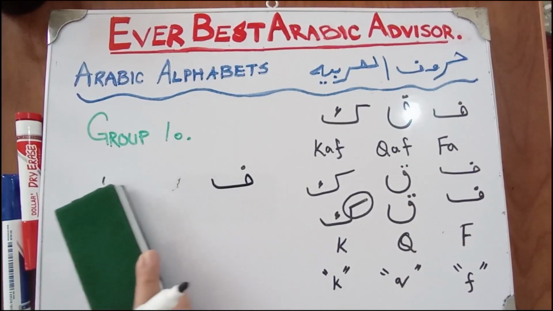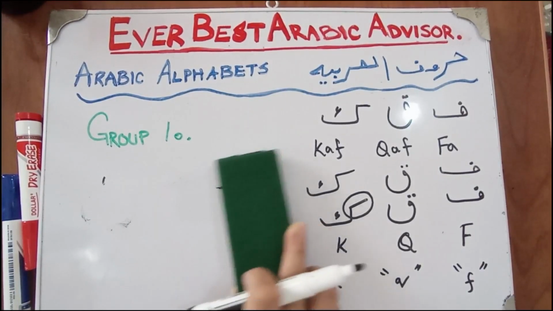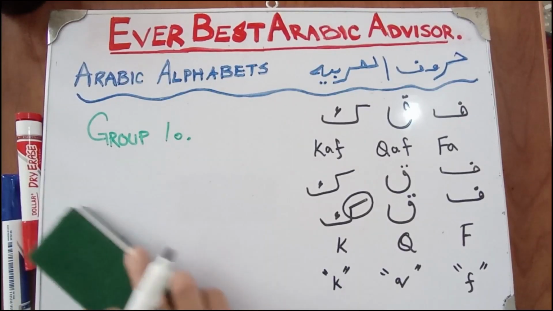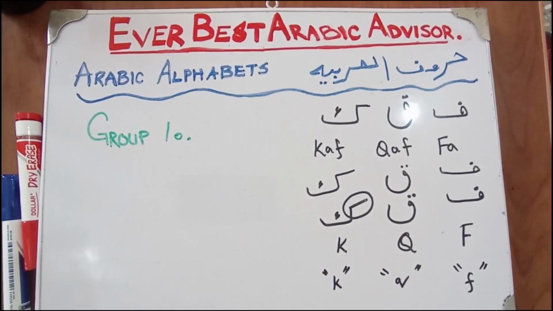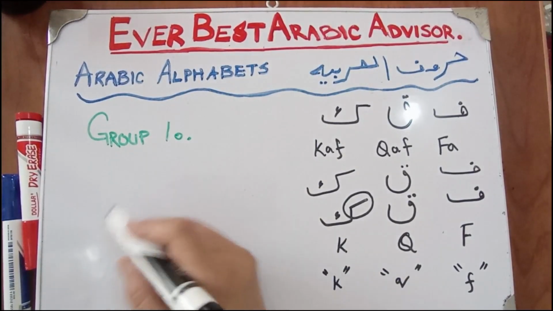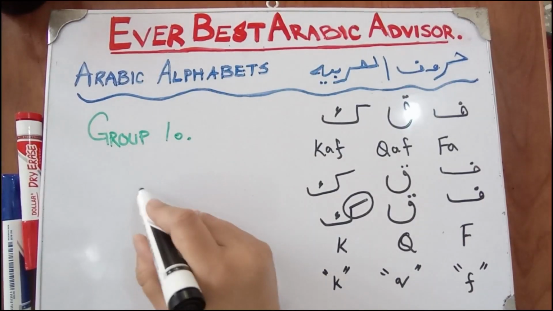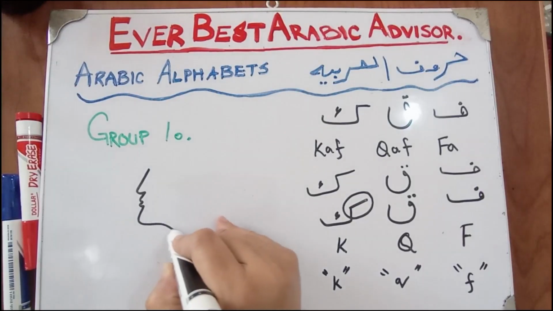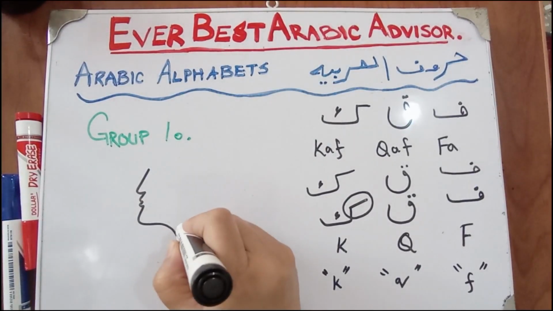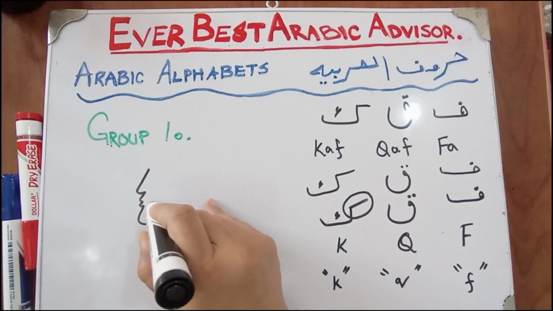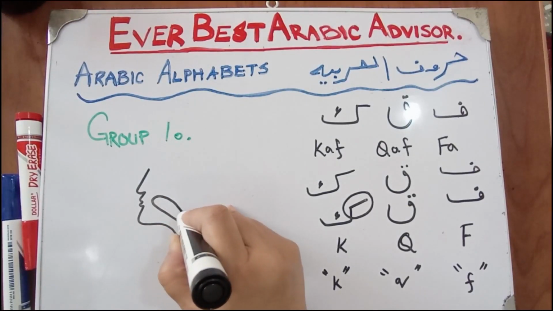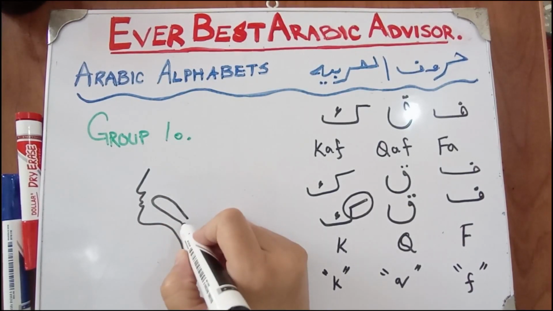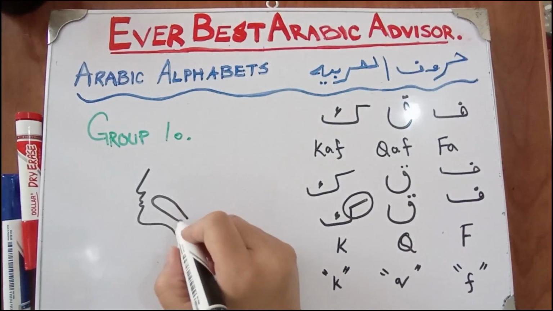And qaf and kaf both belong to one group, and that belongs to the tongue. Here is your nose, lips, and chin, and this is your throat. From here your tongue is prolonged outside.